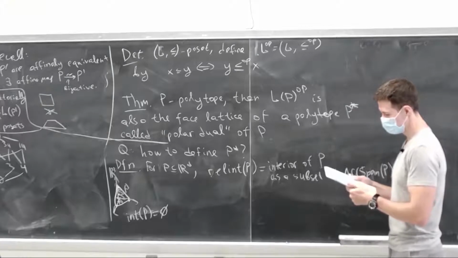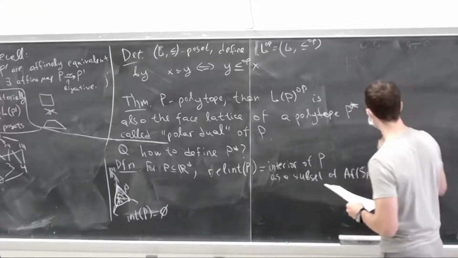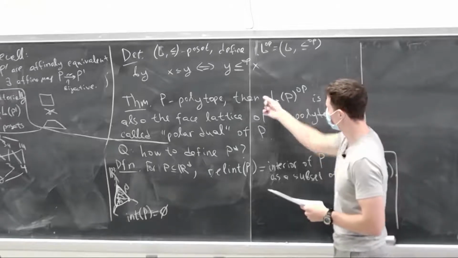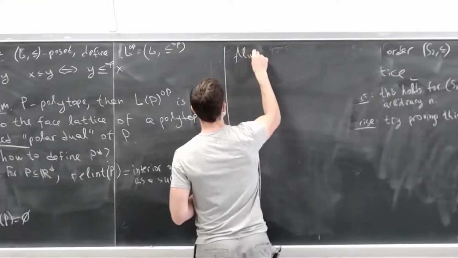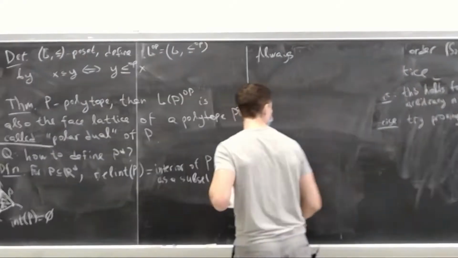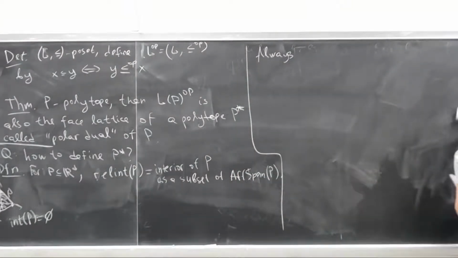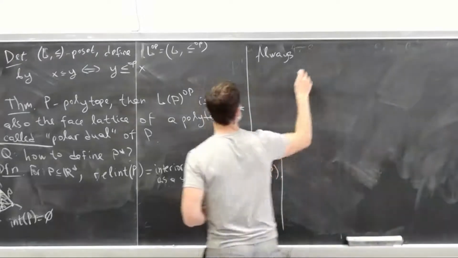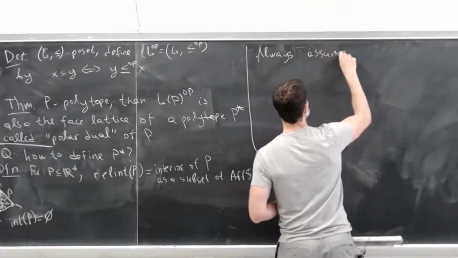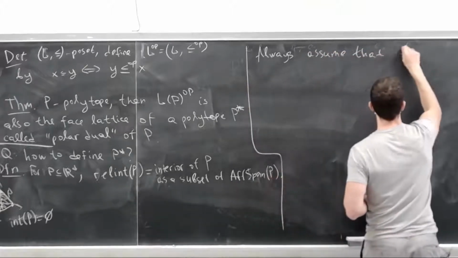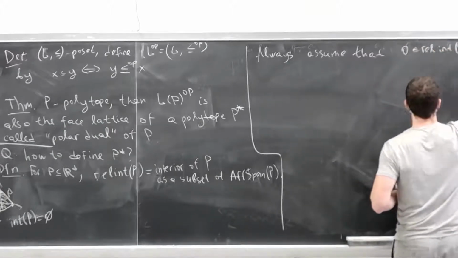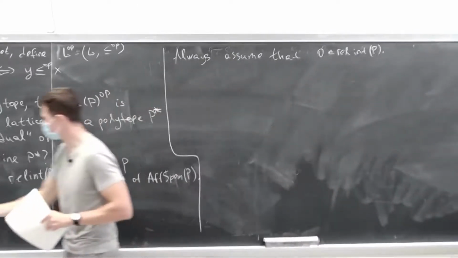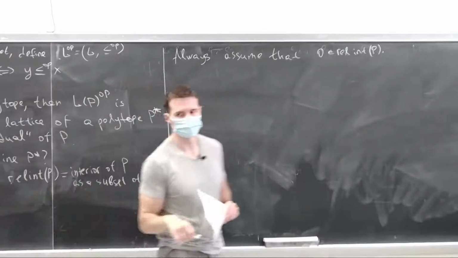So in particular, if you have any polytope, after maybe some shift of coordinates, we will always assume that 0, the origin, belongs to the relative interior of P. In this example, you'd have to shift the origin to inside the triangle somewhere.